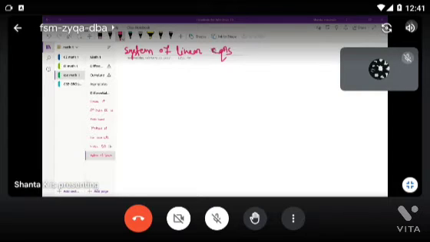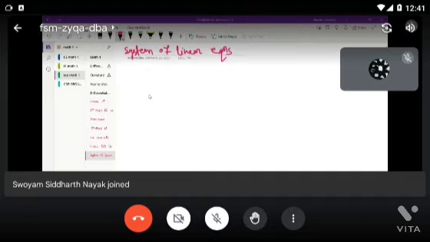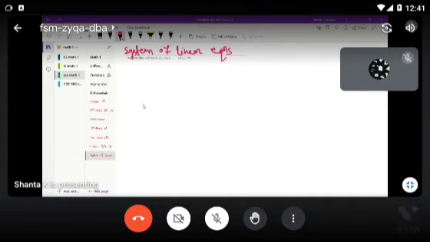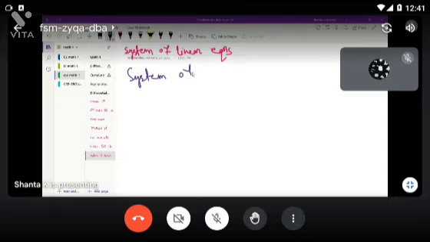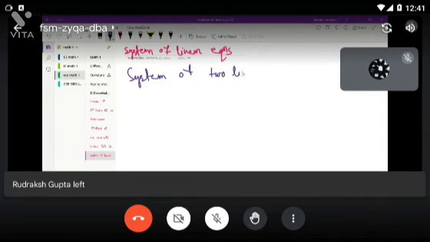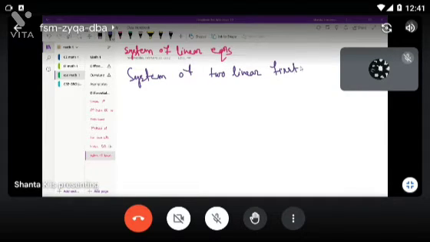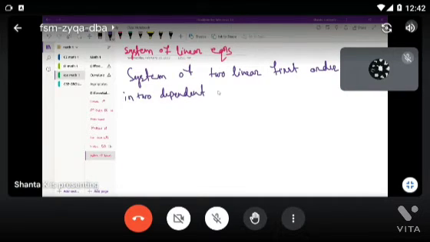So here we have a system of two linear first order equations in two dependent variables, y1 and y2, and one independent variable.